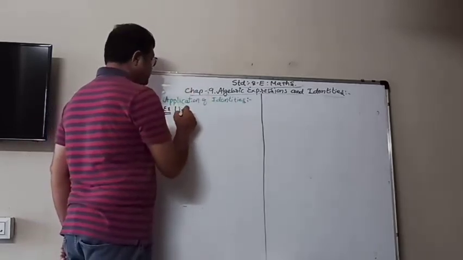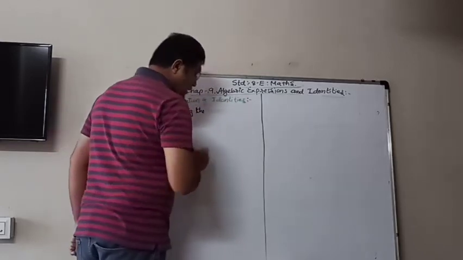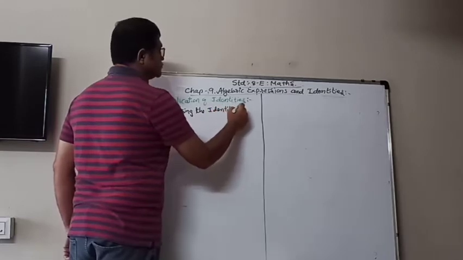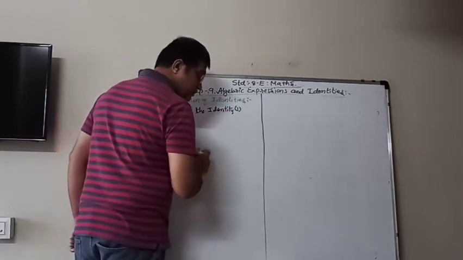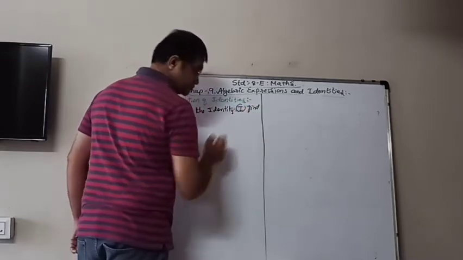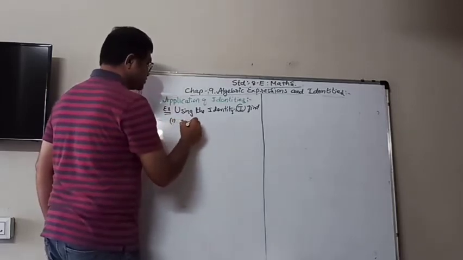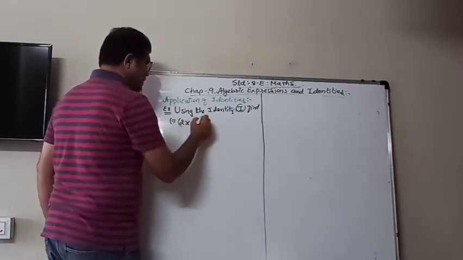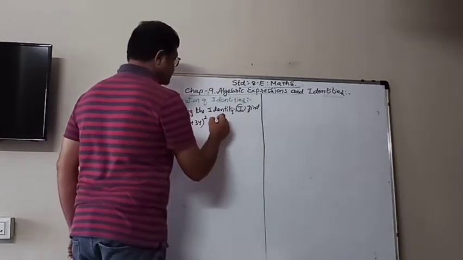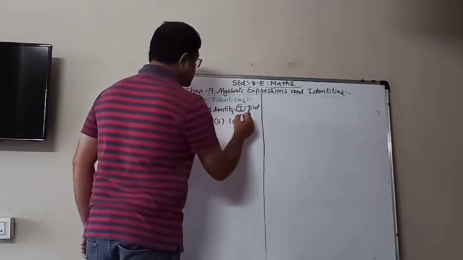Using identity 1, the first identity, find first (2x plus 3y) whole square, and second 103 square.